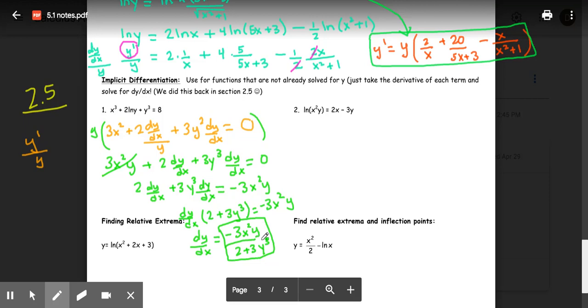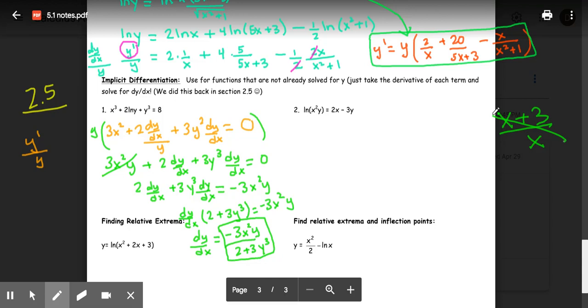Don't try to cancel these y's. You can't do that because it's attached to something else by addition. Can't cancel these 3's, same reason. So your best bet is, if you're not sure, don't touch it. Because some of you cancel in crazy ways, and it's like bizarre. Remember, you can't do something like this.